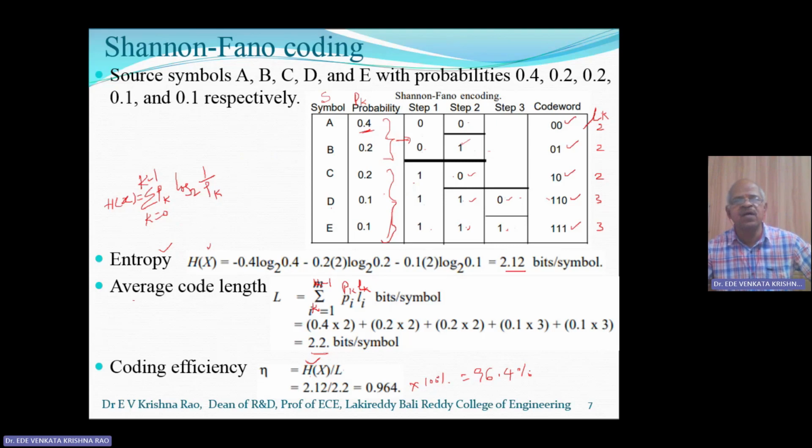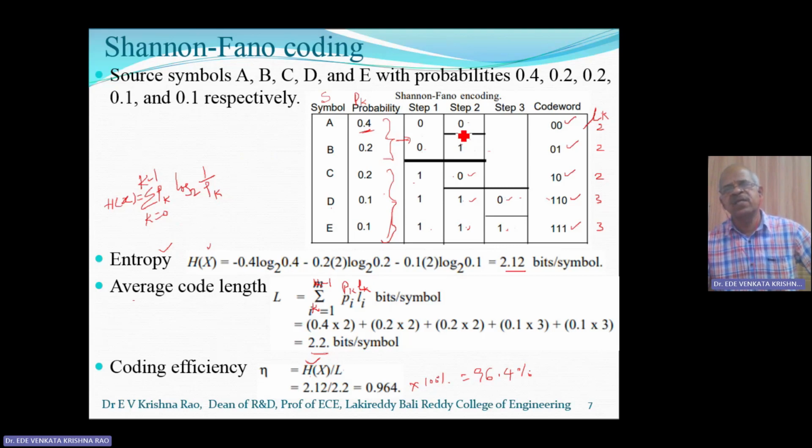That is how all the source symbols are estimated with their probabilities, and those symbols are arranged in decreasing order of their probability, and we get the partition of equal probabilities into two sets, upper set and lower set, encoded with binary 0 and binary 1, and each set is subdivided into subsets till we get only one symbol.